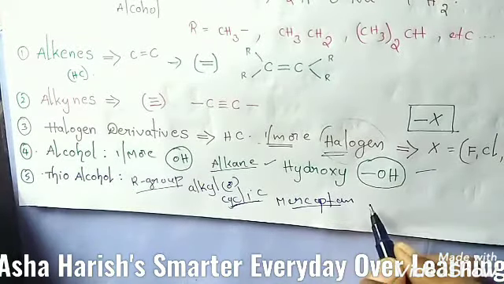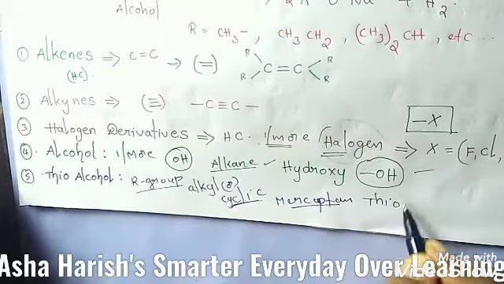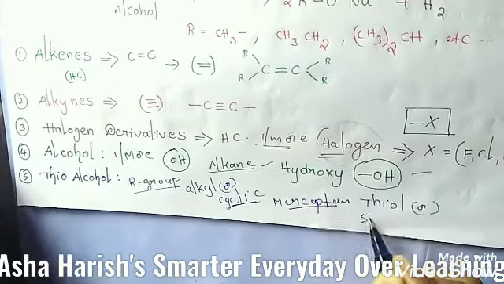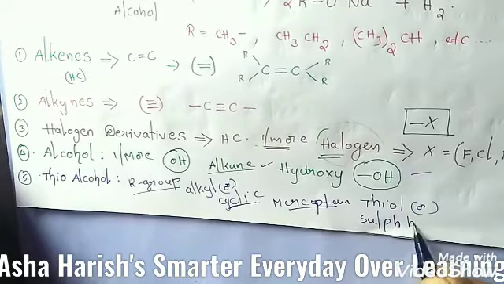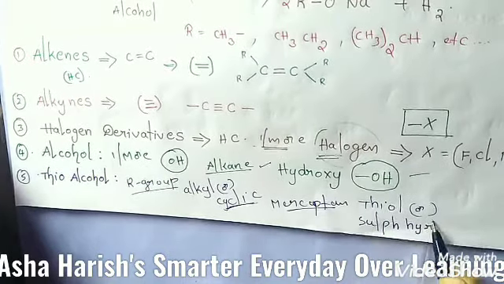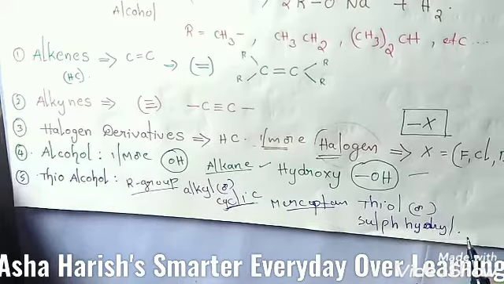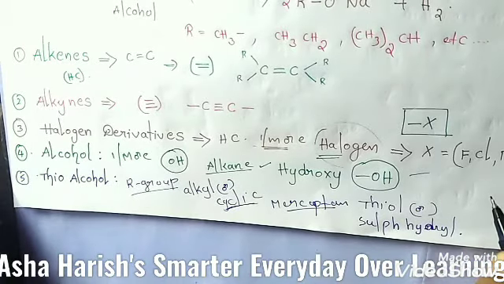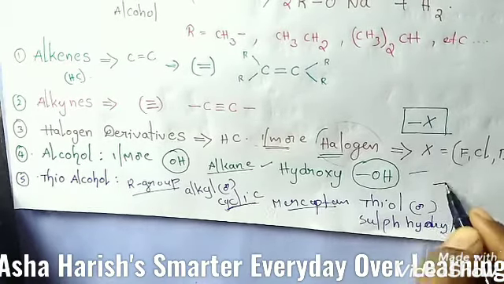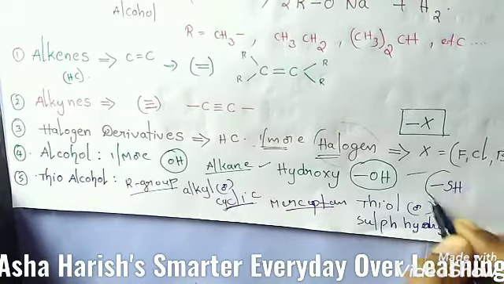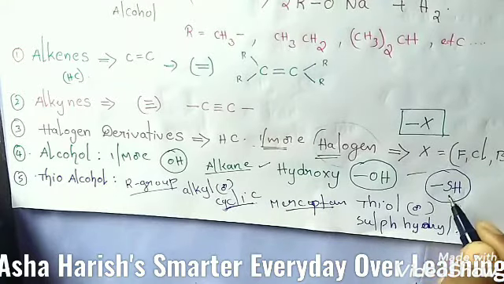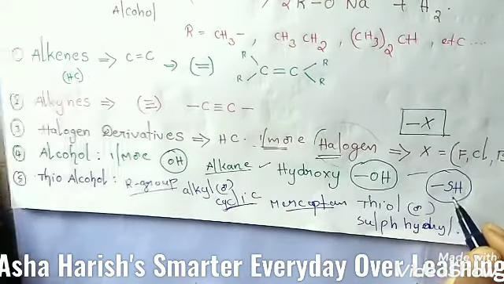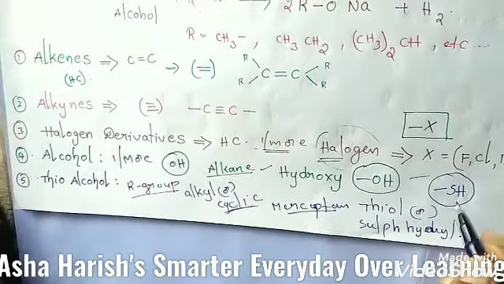The name of the functional group is thiol or sulfhydryl. And dear students, the structure of the functional group is SH. Here any substituent you can take, and SH. This is about thioalcohol, and we shall go for the next one.